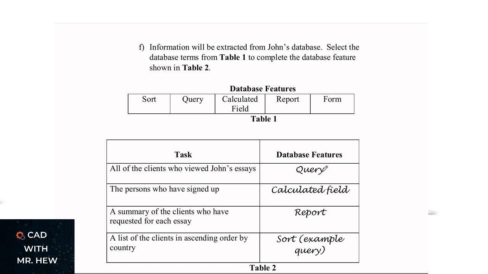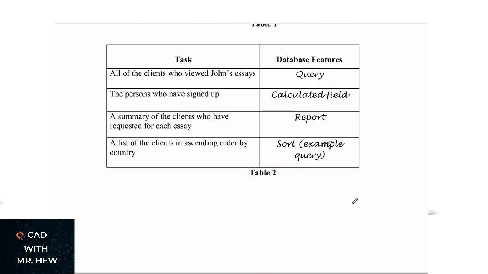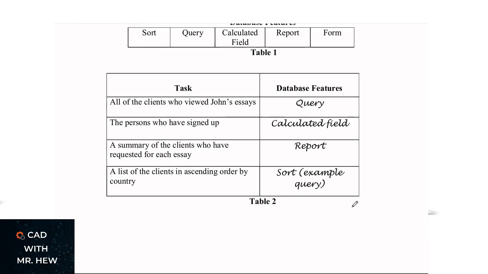We have query for the first task. We have calculated field for the second task. We have report for the third task, and for the fourth task, the correct answer is sort, and the example would be a query. Okay? This question will be worth about 4 marks.